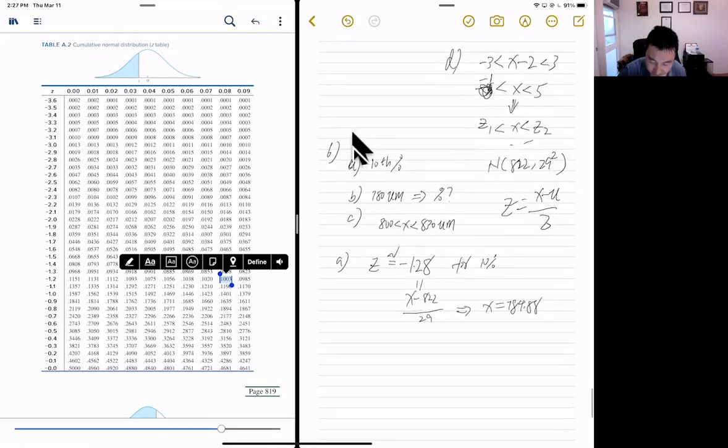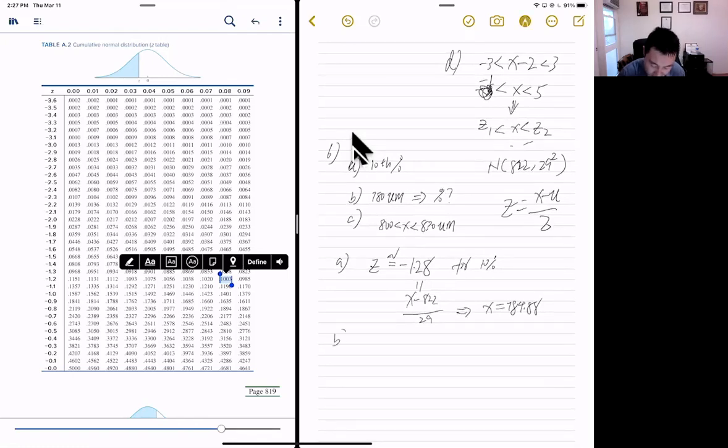That's part A. Part B tells us about x being 780 micrometer. So from there we calculate the z value. x is 780 minus mu, 822, over sigma, 29. So the z value is minus 1.45.